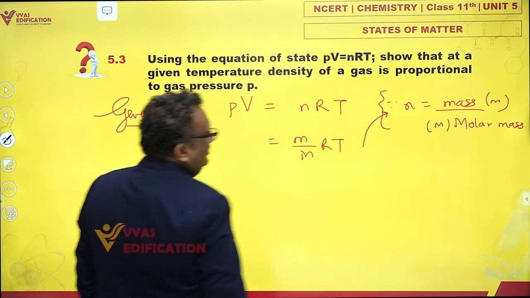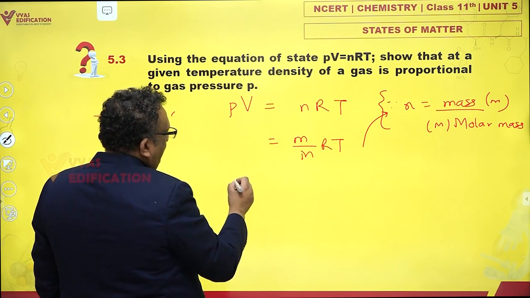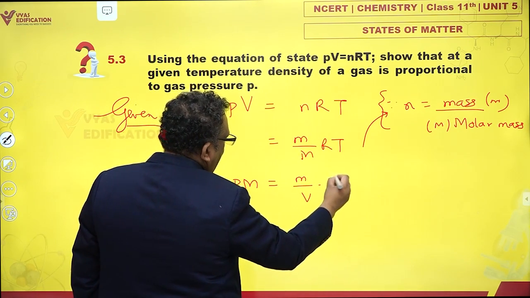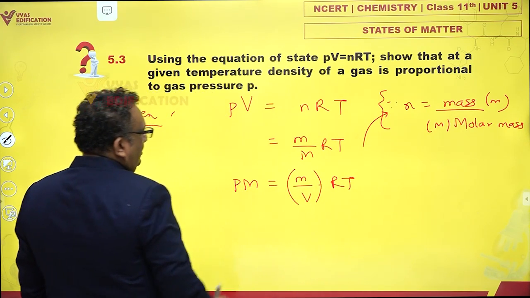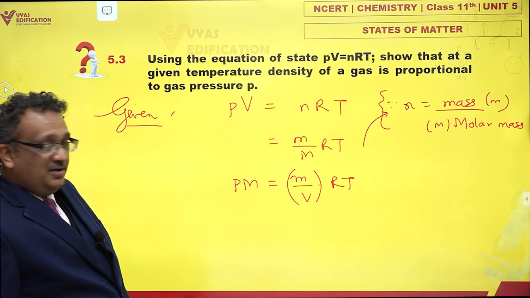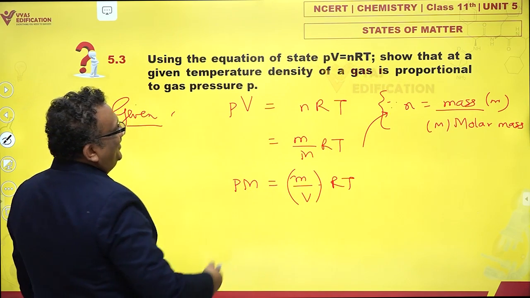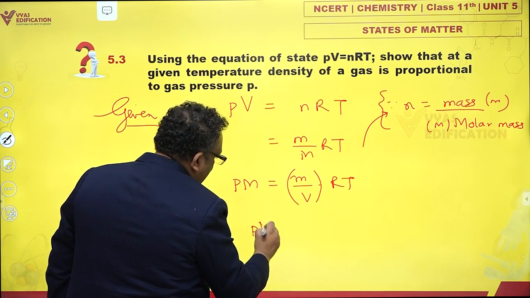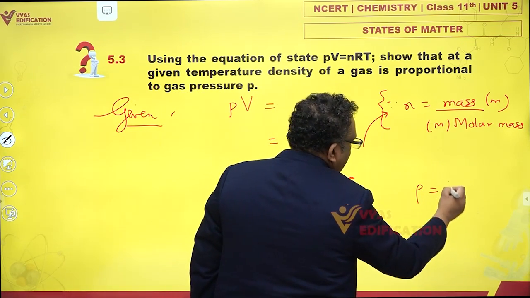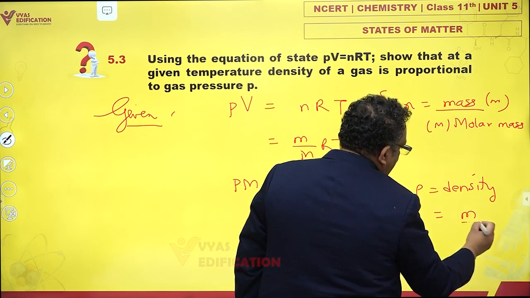This is the reason, right? Now I could say PM is m upon V RT. This is capital M, this is small m. Don't confuse, right? Mass by volume is density. So PM is rho RT, where rho is density, which is mass by volume.